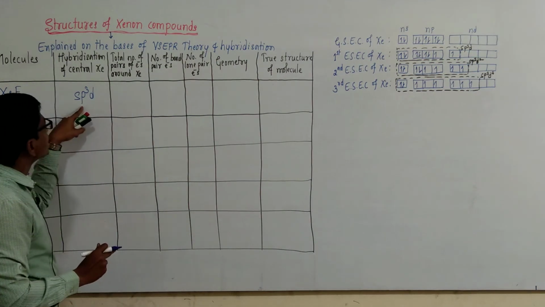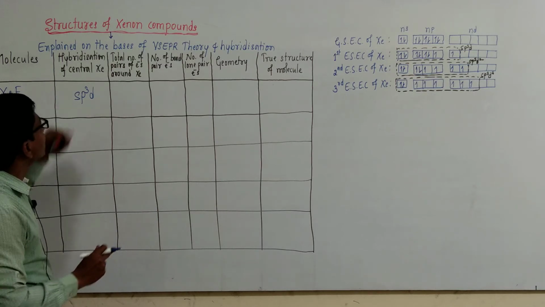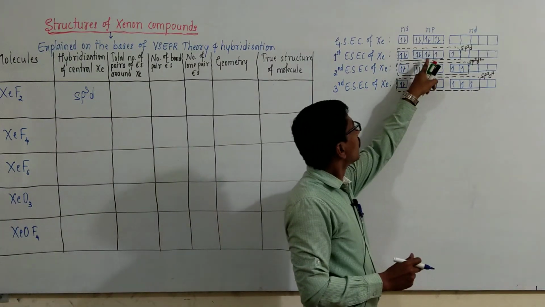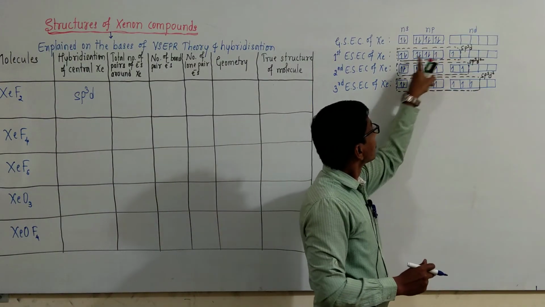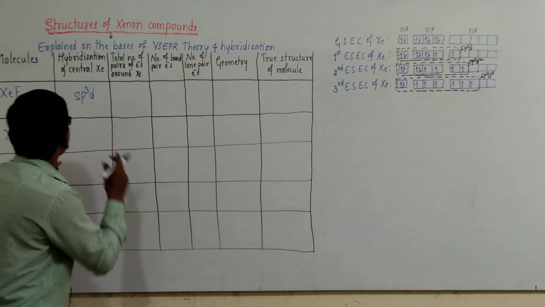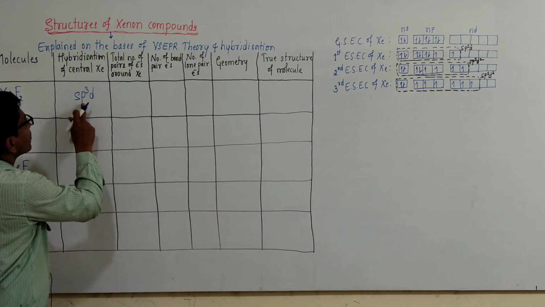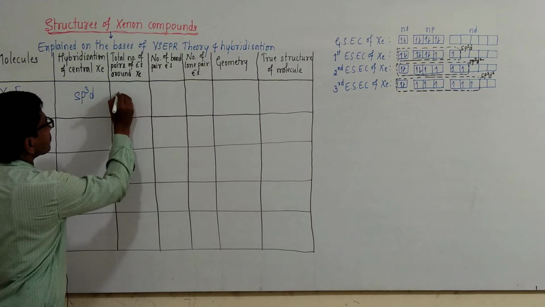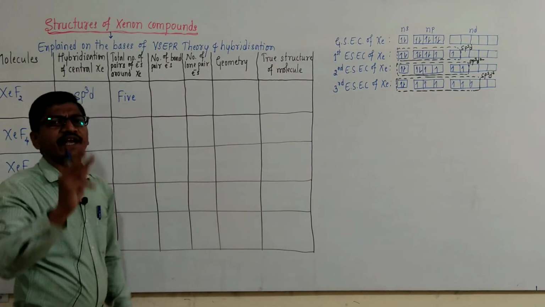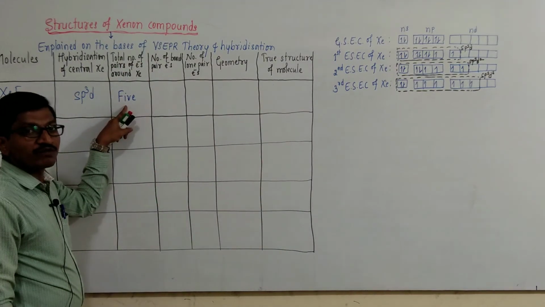The hybridization of central xenon in this XeF2 is sp3d, and total number of bonding electrons 2, 4, 6, 8. We count the number of hybrid orbitals: 1, 3, 5. Number of pairs means two electrons each, total number of pairs of electrons around xenon is 5.